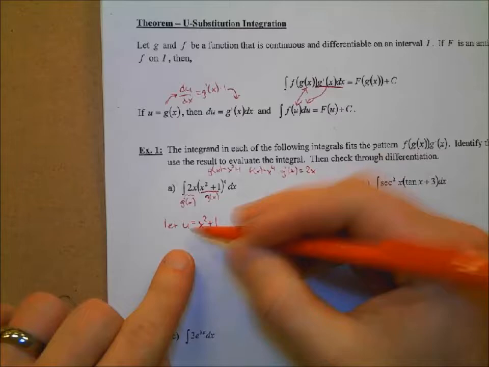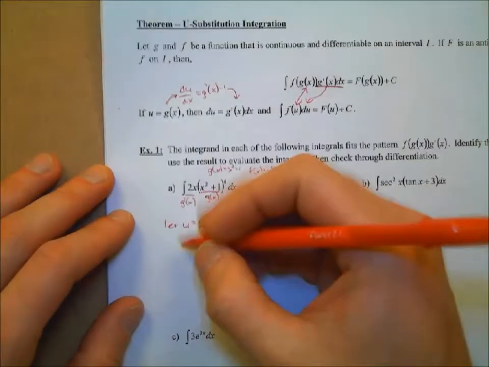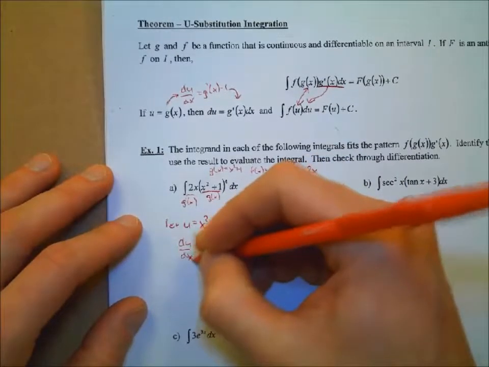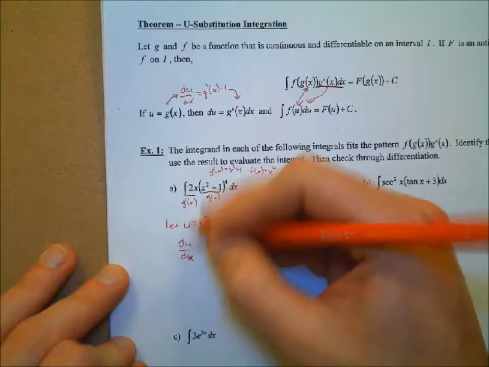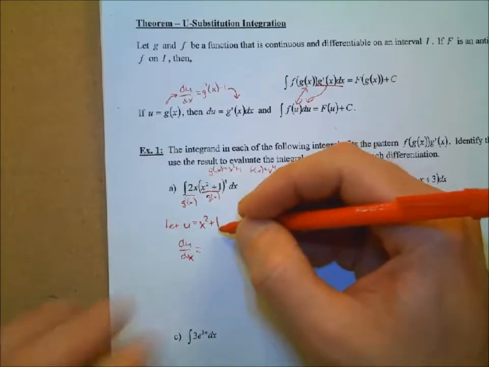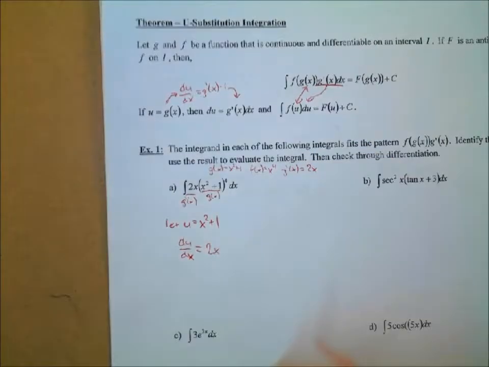So here's u. Of course, we also need to identify g prime here. So we'll take the derivative of both sides. I'm going to say du dx. We're going to differentiate with respect to x here. So u becomes du dx. The derivative of x squared plus 1 with respect to x will be what? Yeah, 2x. No surprises there.